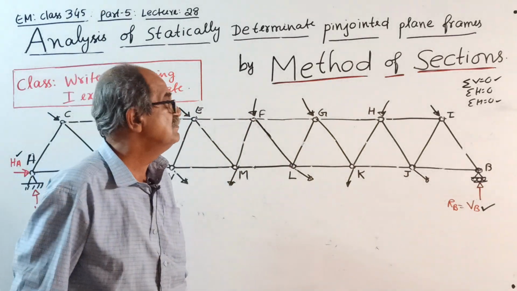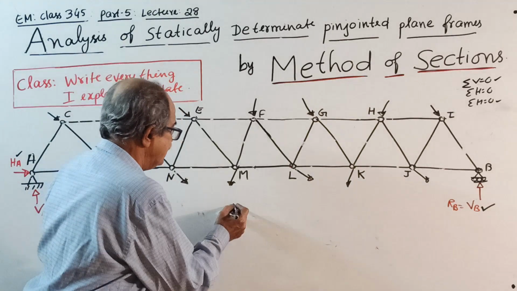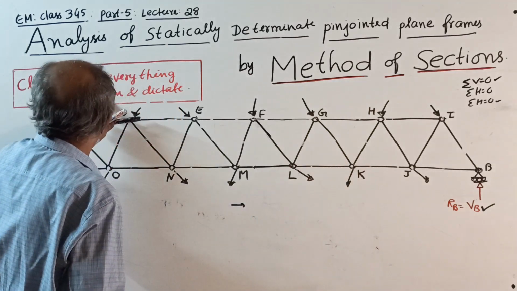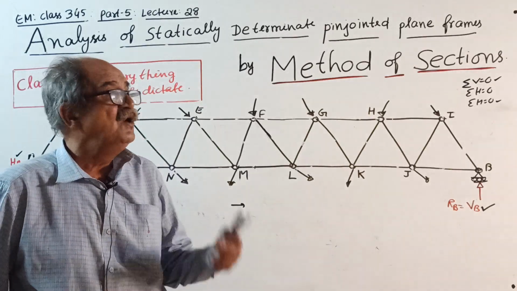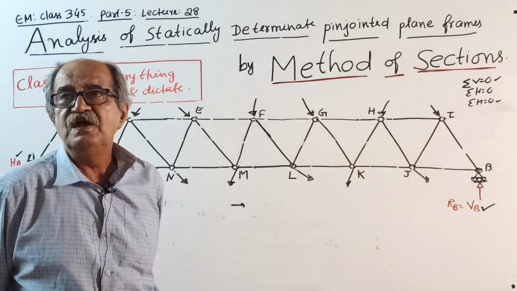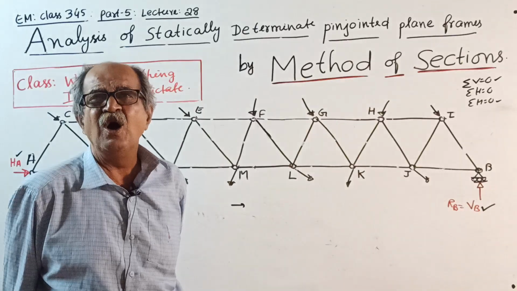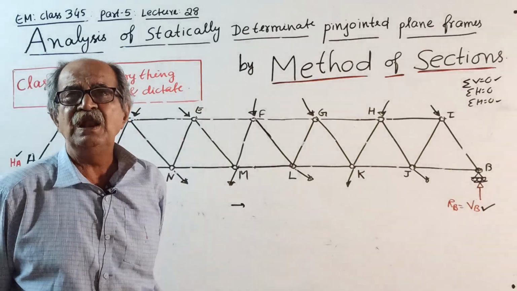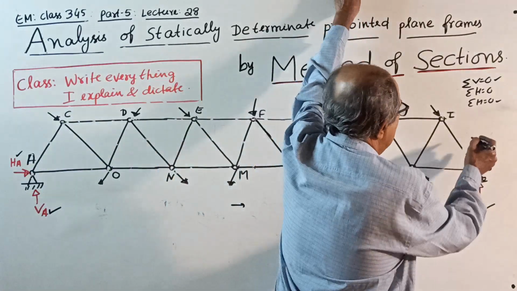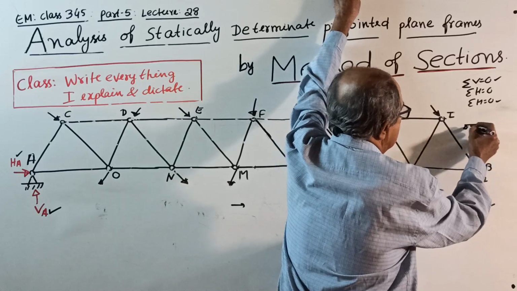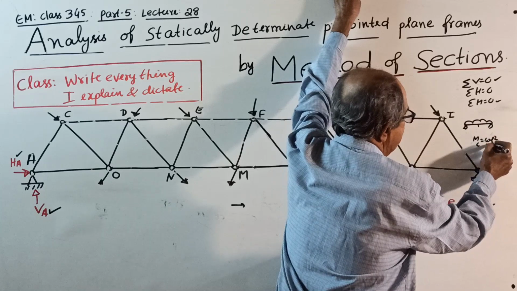Okay, now do one thing. Suppose the question, now what I am telling you should write. I told you I am dictating. Suppose the question is find axial forces. I don't call it find forces. See, finding force is wrong, like you cannot call bending moment as moment. So many people will tell moment at center is WL square by 8.